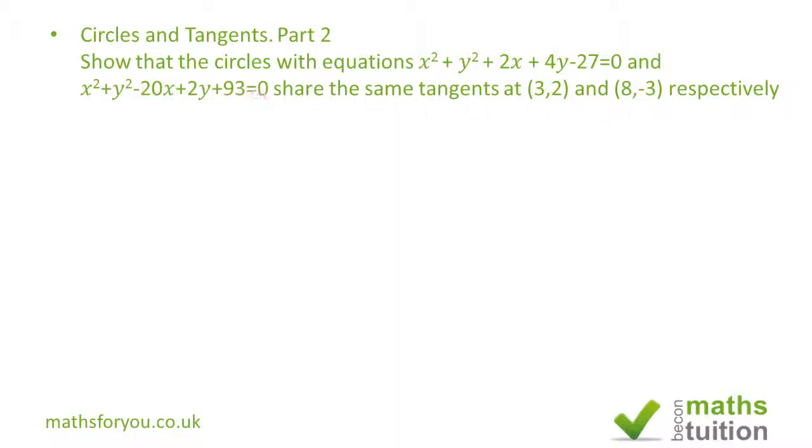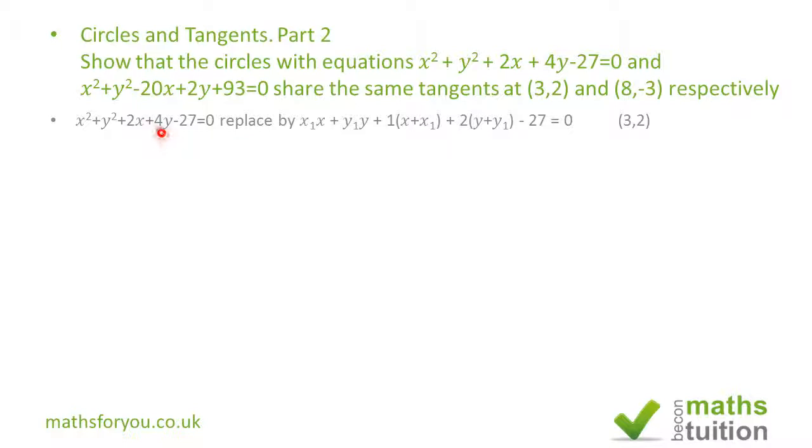Now, the first thing we do is to replace our original equation with the form x sub 1 x plus y sub 1 y plus 1 into x plus x sub 1 plus 2 into y plus y sub 1 minus 27 is equal to 0. Note here that the coefficient of x is 2, but on this side it is half of 2, which is 1.